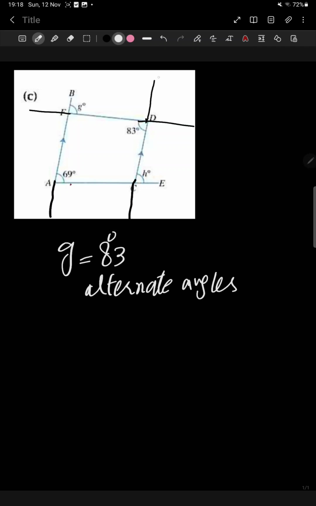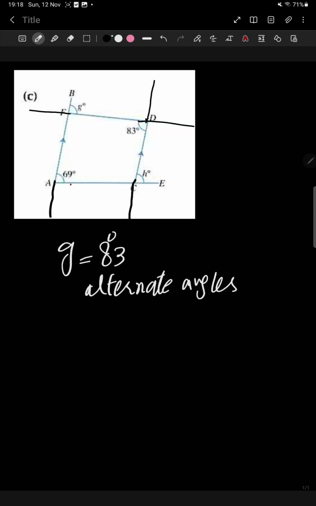Now the next we are supposed to find angle H. That's also very easy because these two are the parallel lines and now AE is the transversal. So आप देखें कि 69 and H are at the same position. यहाँ पर इस लाइन के राइट साइड पे और इस पैरेलल लाइन के भी राइट साइड पर ये एंगल बन रहा है.